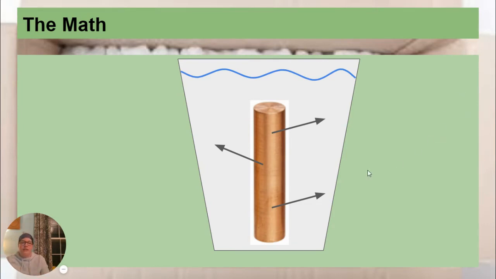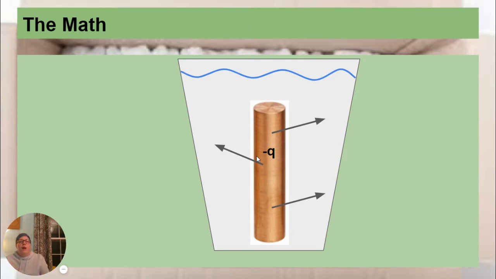Now in the case of this, because we have a hot piece of metal, it is going to be exothermic for that piece of metal. So when we do our calculation, it's really important that you keep the signs straight. Remember, the temperature of the metal is dropping.